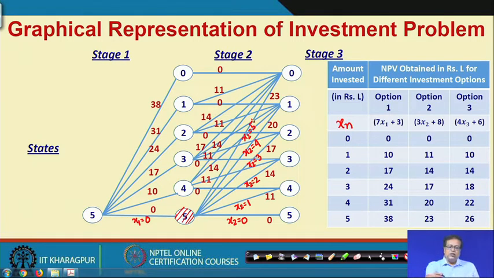So, you see there are too many lines. Please understand the specific lines: this one is 0, this is 1, this is 2, this is 3, this is 4, and this is 5. And what are the corresponding returns? The returns are 0, 11, 14, 17, 20 and 23.